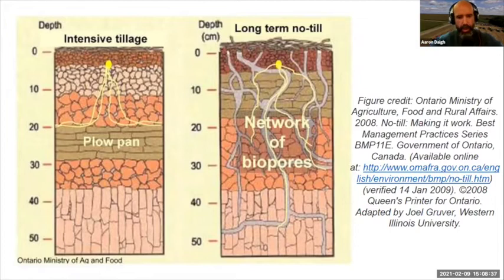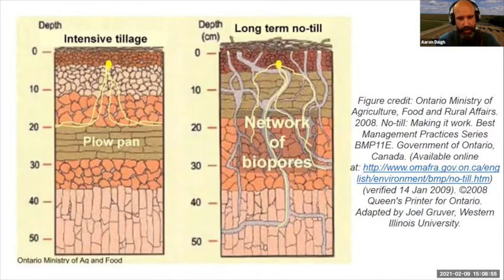It still gets water infiltrating, water moving, and aeration occurring through those compacted areas. They're still there, but they have this new network of pores that the water, air, and roots can take advantage of and still thrive very well.